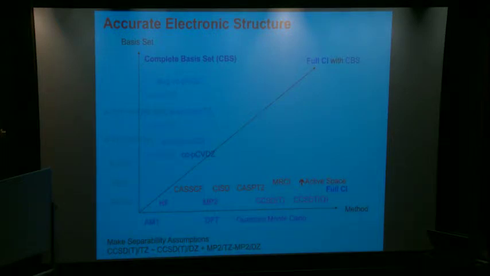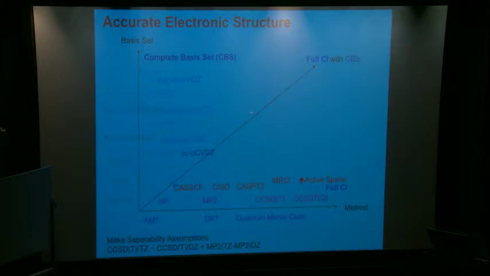That's not a bad assumption at some level, but it's not a great assumption. So you're better off doing the Hartree-Fock at the CBS limit, then the MP2 at a slightly lower limit, then CCSD(T) at a slightly lower limit, and then CCSDT(Q) at a lower limit. Then you're making small steps along this diagonal, and your separability assumptions become less problematic.